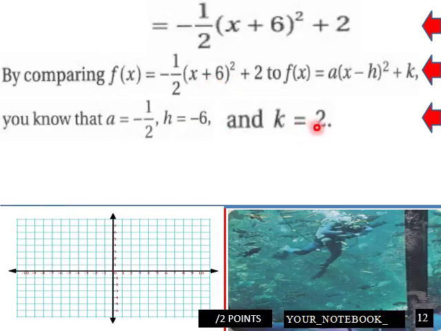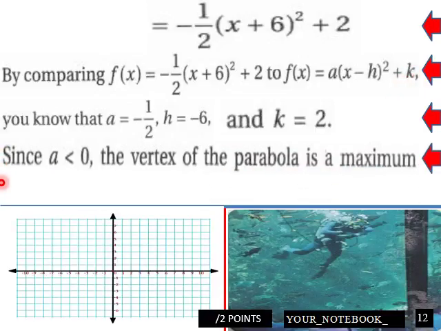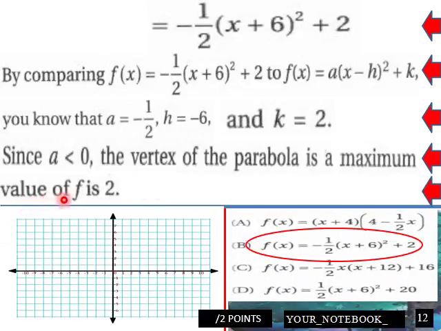And k would equal 2 here in this case. Here's our k. So since a is less than 0, the vertex of the parabola is a max. The value of f would be 2 then, in this case here. So this would be our value here.